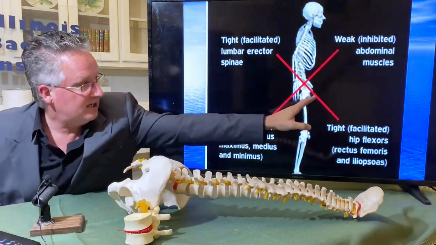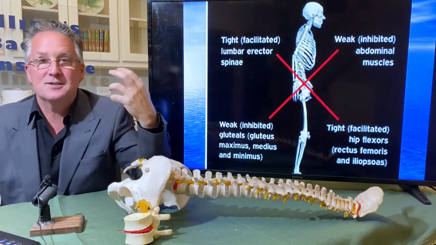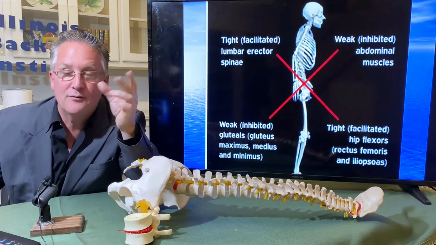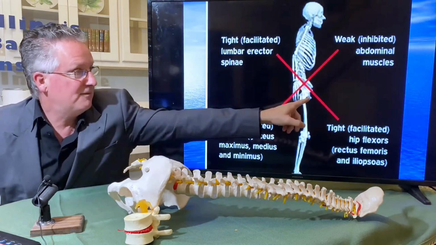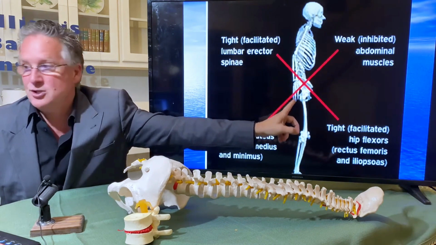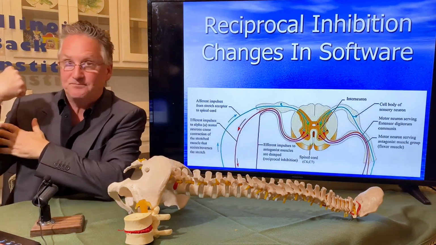So hip flexors get tight, and the muscle that does the opposite activity gets loose or turned off or inhibited, causing glute amnesia. Tight hip flexors cause the glutes to slowly turn off. It's called reciprocal inhibition. We've talked about that.